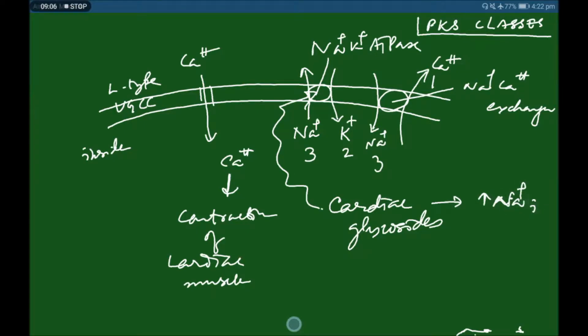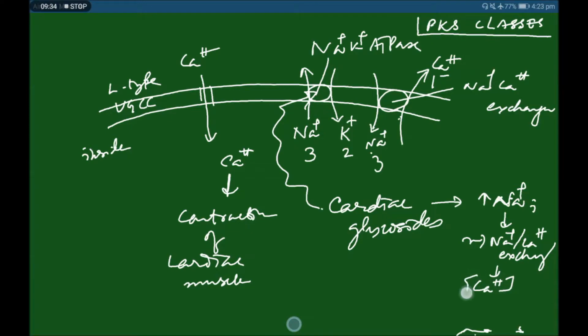When the inside sodium concentration increases, it indirectly inhibits the sodium calcium exchanger. So no entry of sodium from outside to inside will occur, and there will be no exchange of calcium with sodium. If sodium will not come, calcium will not go, so the calcium concentration inside will now increase.